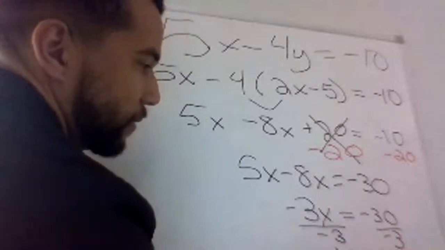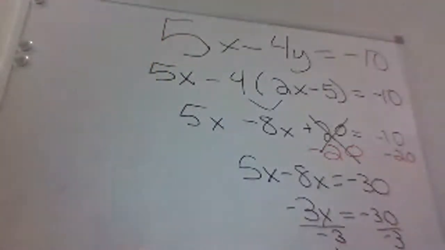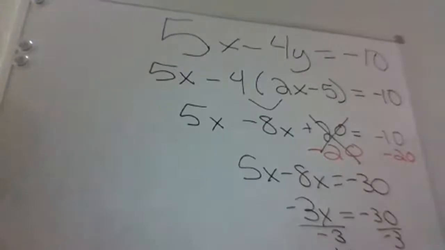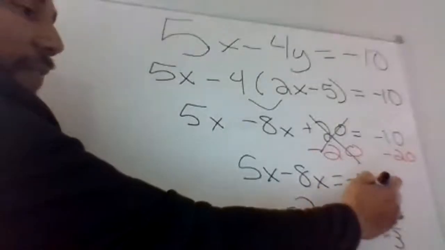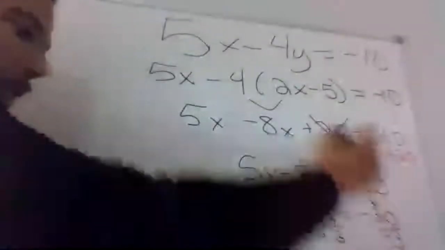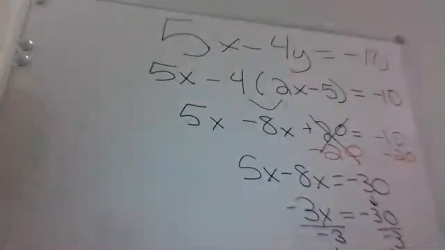So x must equal negative 30 divided by negative 3. Yeah, so positive 10. I got negative 10 because the negatives and positives are messing me up too.